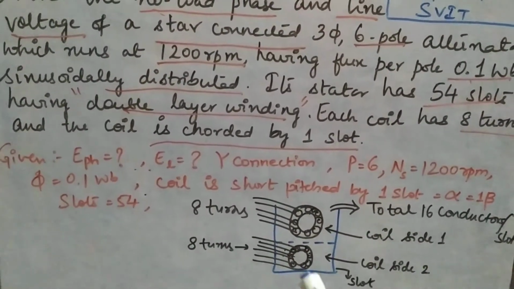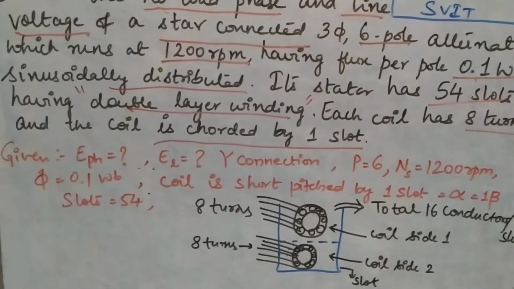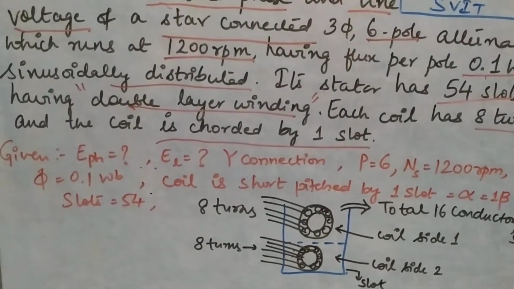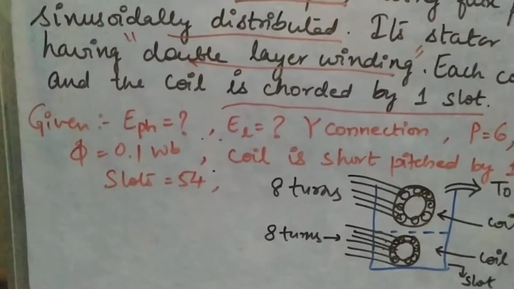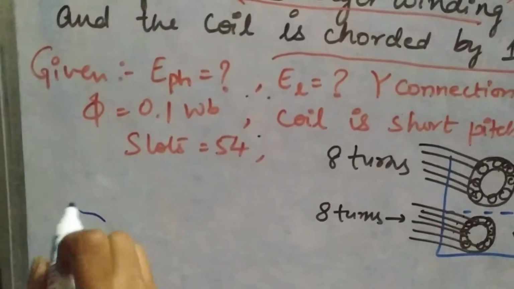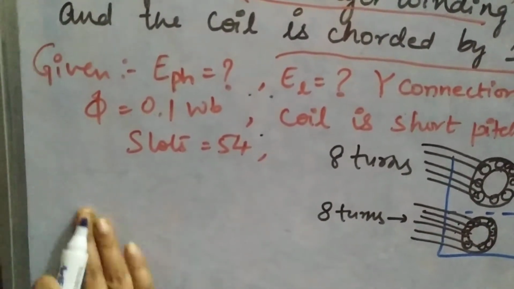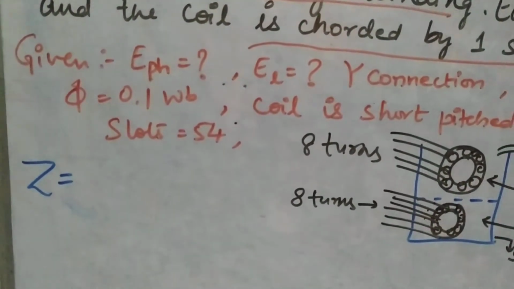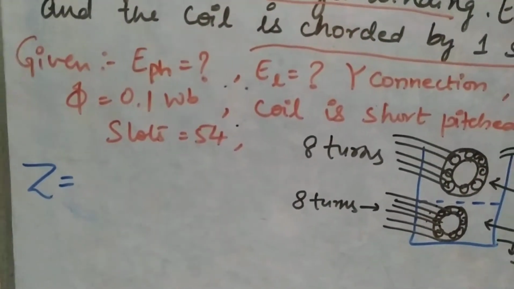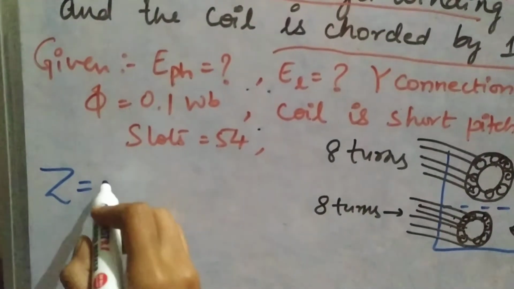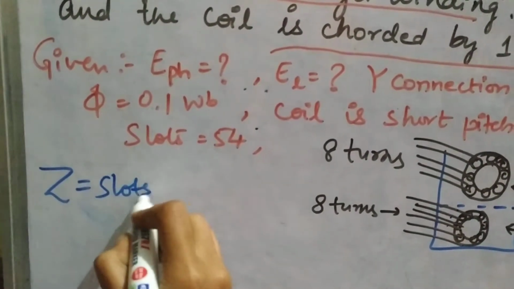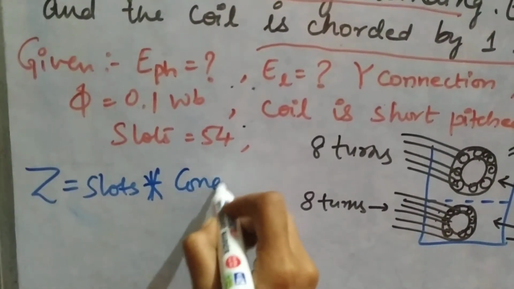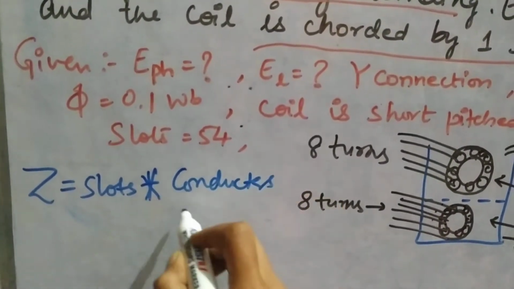So in total, you can find out how many conductors there are. Z is equal to the number of slots multiplied by the conductors per slot.